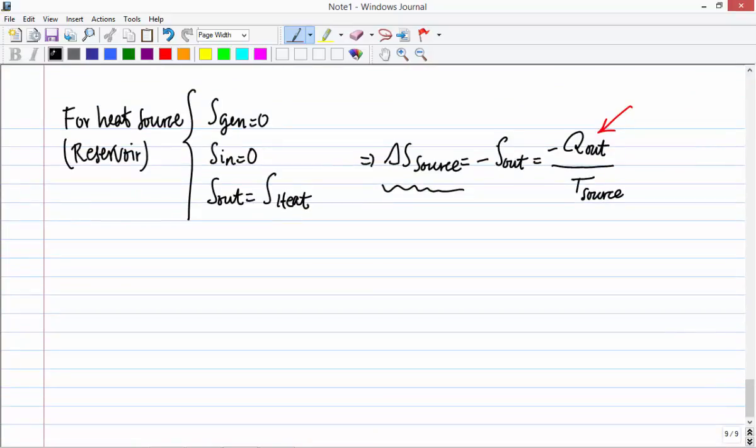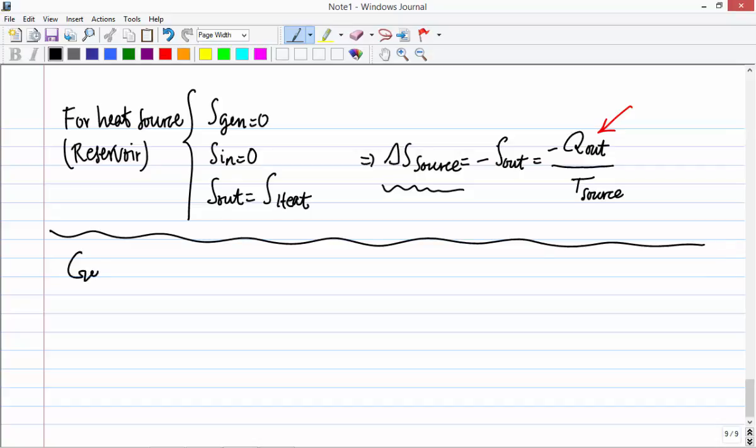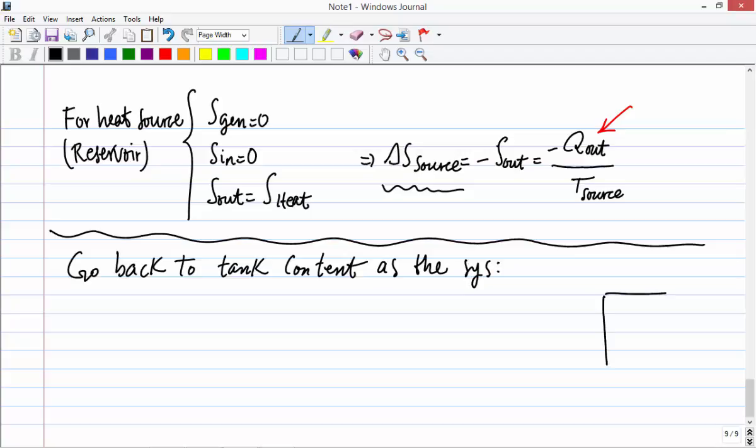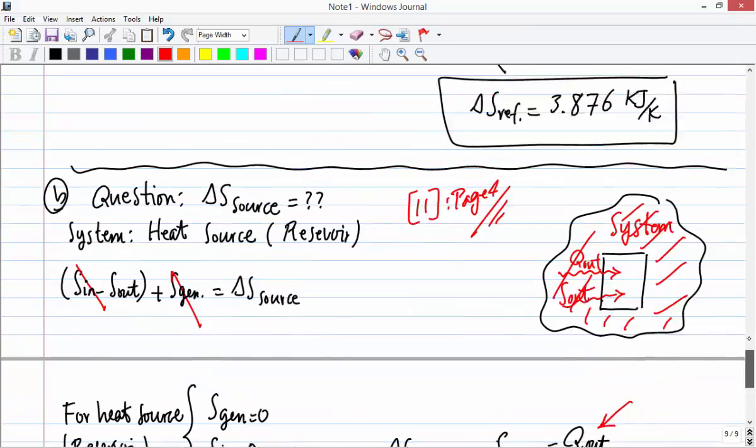So I can just pause again and go back to the previous section, back to the tank content as the system. Now again, here is my tank, here is my system, and I have Q going into my system. I can use my summary table.